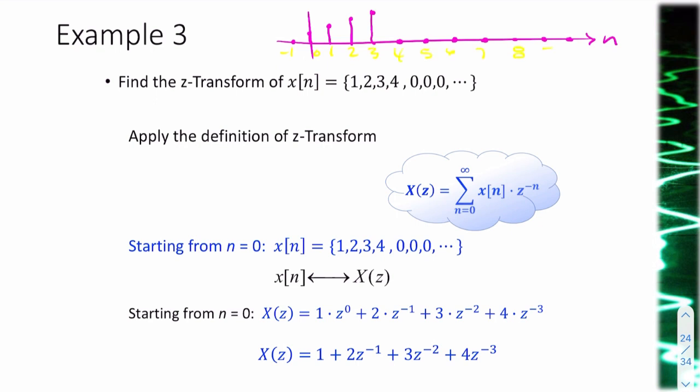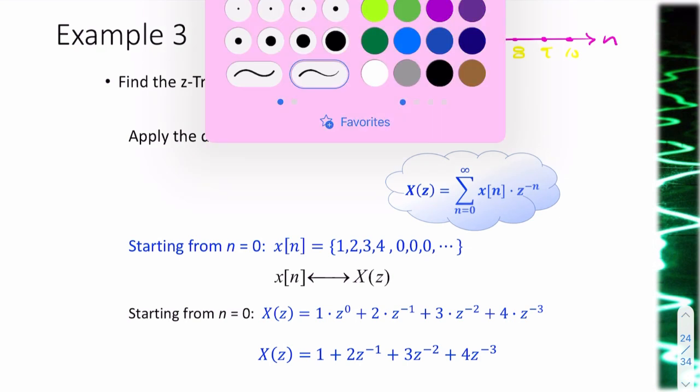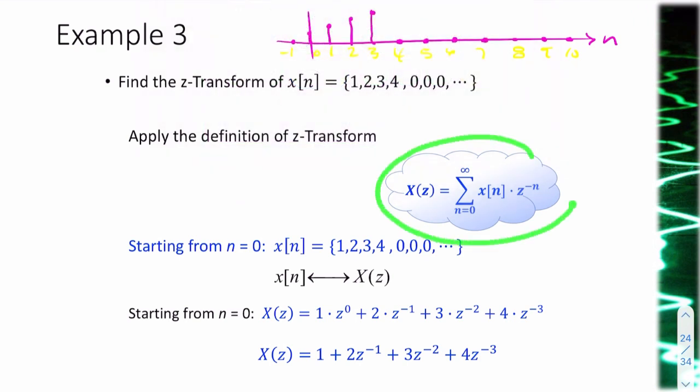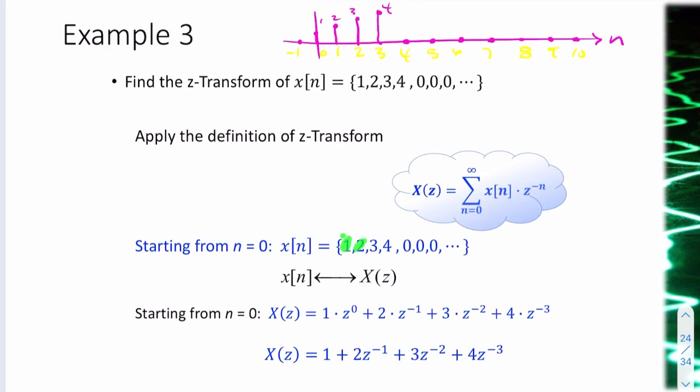Okay, so same applies. If we're going to use the definition, then you simply take each of these values and you multiply each by the corresponding factor, z to the power minus n. And remember that this n is the same as that n.